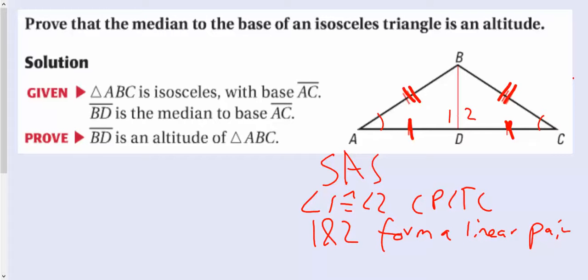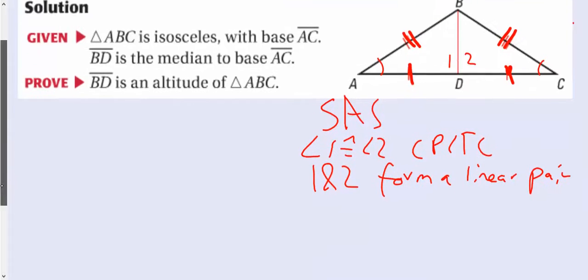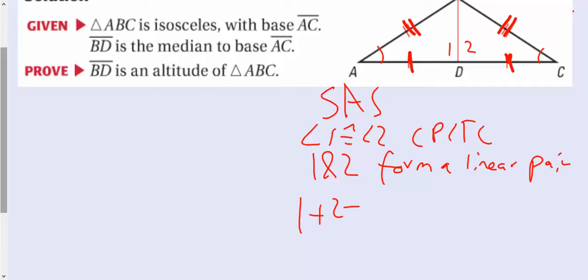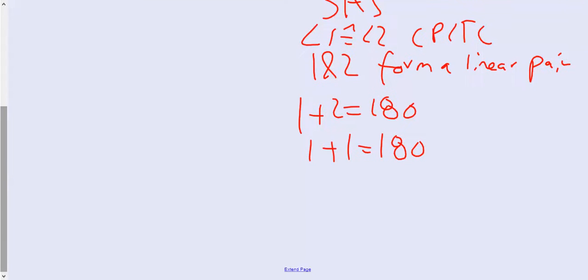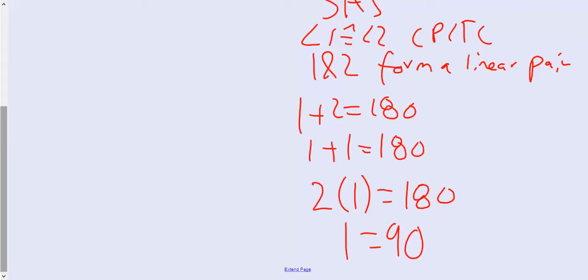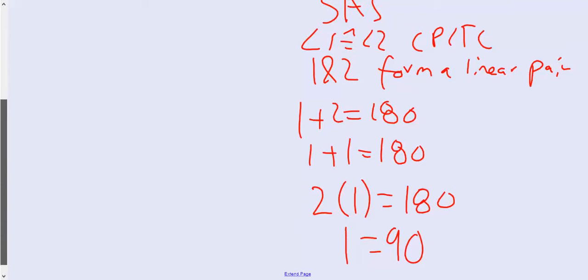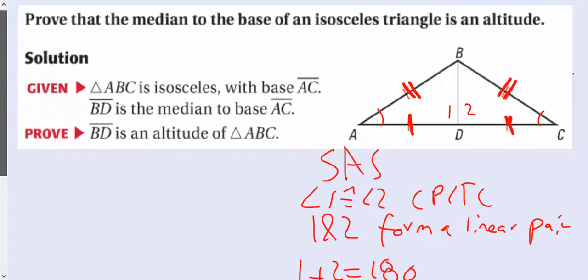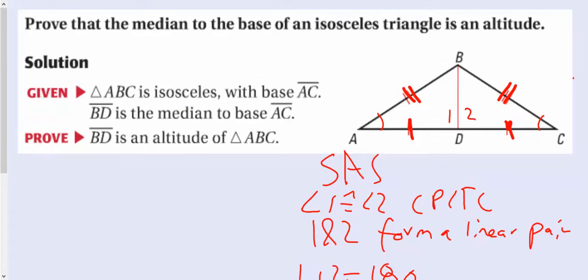So basically we have 1 plus 2 equals 180, and since 1 equals 2, we have 1 plus 1 equals 180, and therefore 2 times the measure of angle 1 equals 180, and therefore angle 1 is equal to 90. And therefore you've shown that that is a 90-degree angle, and hence BD must be the altitude of the triangle, or one of the altitudes.